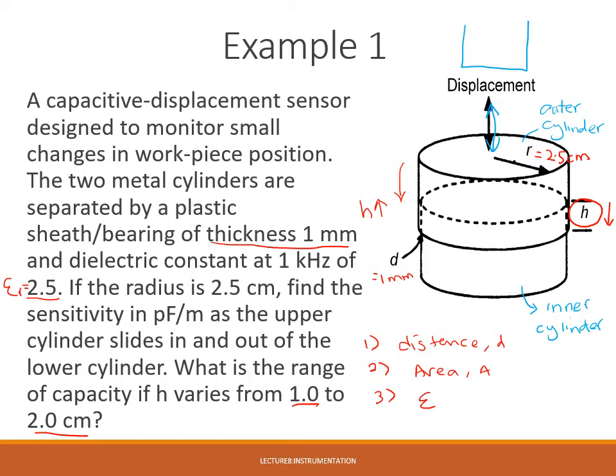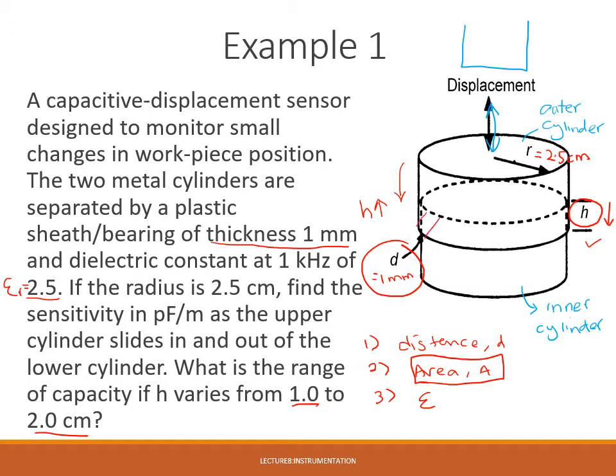Alright, some of you may say, oh, it is distance, because you can see here H here is basically like a displacement, so it may relate to distance, right? But it's not actually a distance, it's actually area. Because the distance between the two cylinders is fixed at 1 mm, now the shed area is changing.